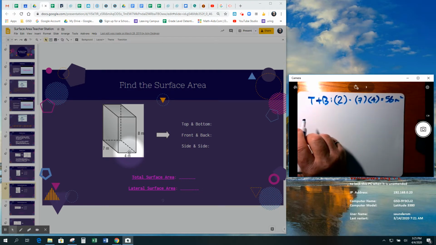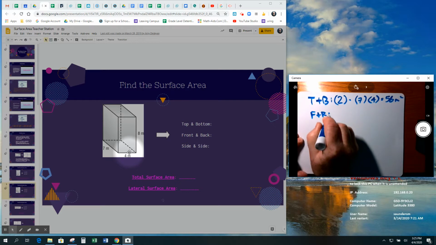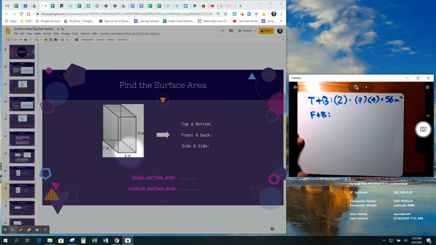Okay, now I have a front and a back. So the front and the back are this face and this face back here. And my dimensions for that are 4 meters wide and 8 meters tall.